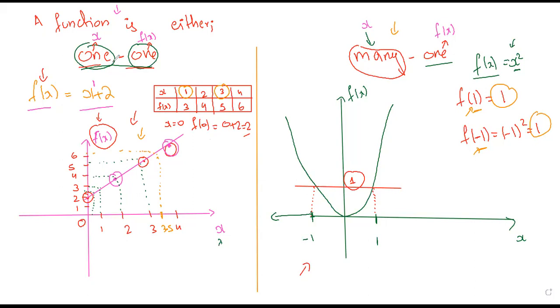For example, f of 2 is 2 square, that is 4, and f of minus 2 is minus 2 square, that is 4. For two different x values, I'm getting one value of function. Okay, perfect. It is clear now. Did you understand this?